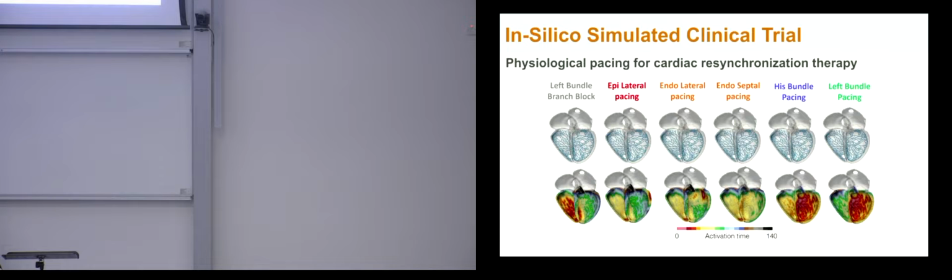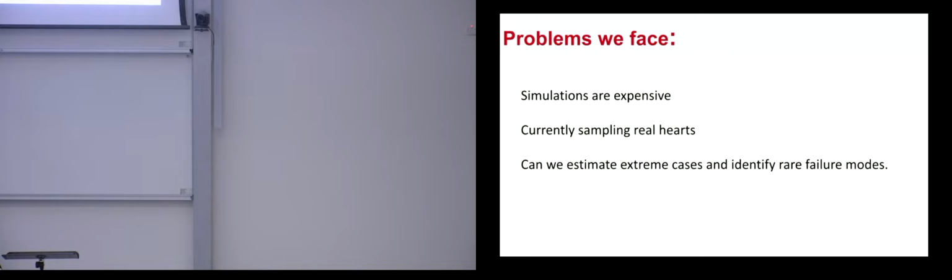For this, we made models of a whole lot of different patients' hearts, and then we could simulate their activation patterns and look to see which of the different therapies is best in each patient. And again, this is where we have this large variation of shape. We have different therapies, and this is something where we could potentially use emulators more effectively. Our problem with these types of things is that the simulations are very expensive to do.